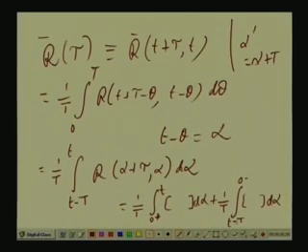When alpha becomes T minus capital T, alpha prime becomes T, and when alpha becomes 0, alpha prime becomes capital T. The two integrals can be brought under the same one, and you get the result.